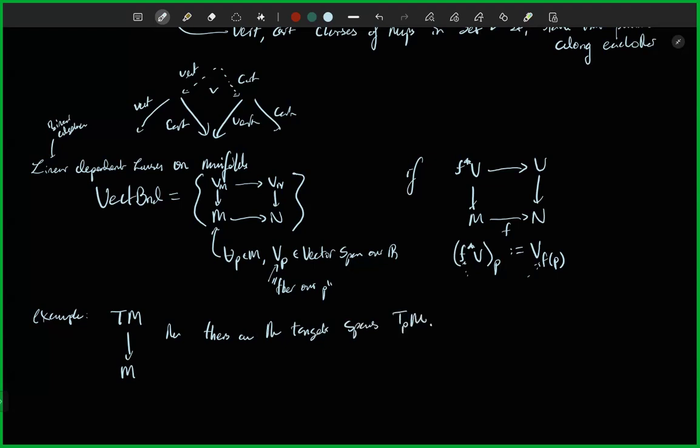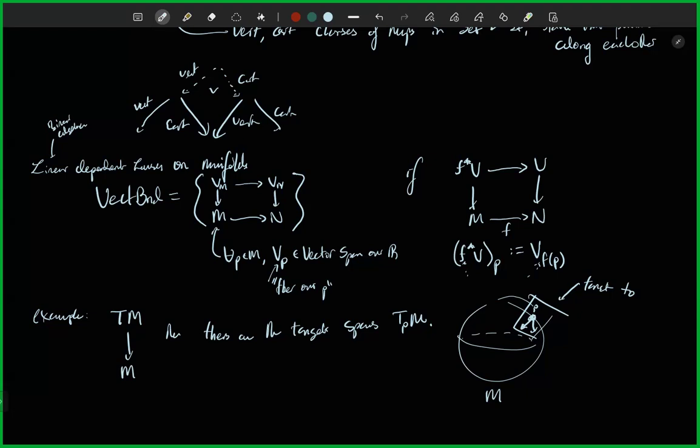So remember, if your space was actually embedded in R^n, this is M, and your point P is here, then the tangent space is actually the plane, terribly drawn, that is tangent to that point. And when you consider that point itself to be zero in that plane, you can then add vectors coming off of it, and you get a vector space. Those are called tangent vectors. So that's the way to think about this.